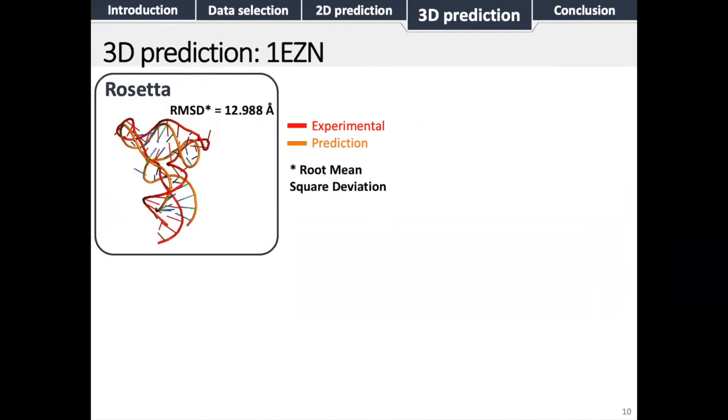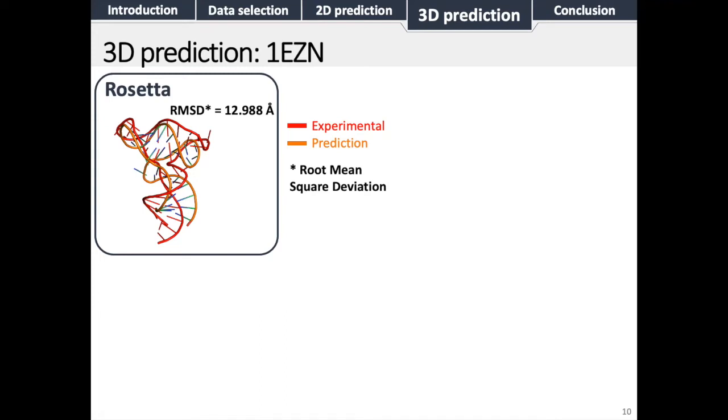So the first structure we made the prediction on is the structure available on PDB with the code 1EZN. Initially we predict the 3D structure with Rosetta. And as you can see, the colors are not really good, but the prediction in orange does not really match the experimental one.